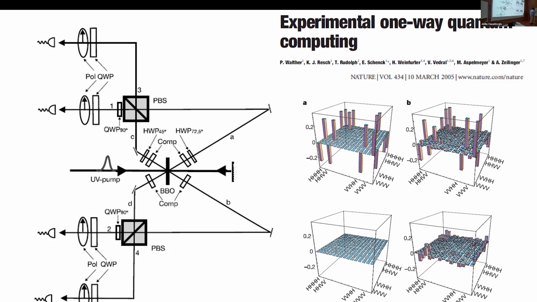So this state is the same as the cluster state up to local transformations. And you can implement Hadamard gates easily if you wish to do so. Exactly. So I can prove this as well. I think I'll attempt to prove this, but let me see if I am able to do this.